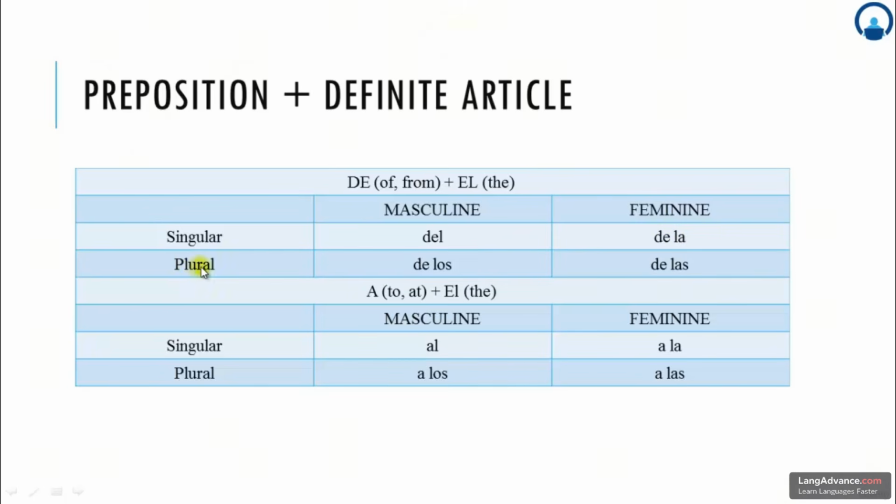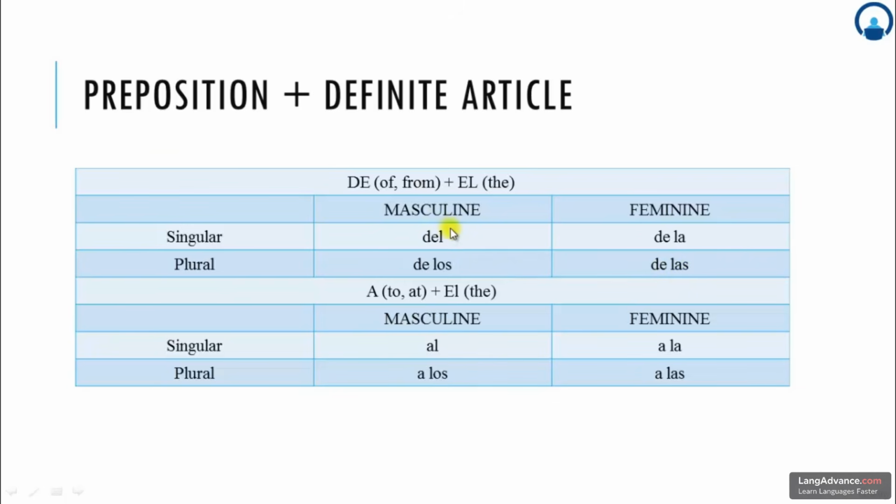If it is for plural, de and los, preposition and the definite article. For plural feminine, it is de las, preposition de and definite article the, las.